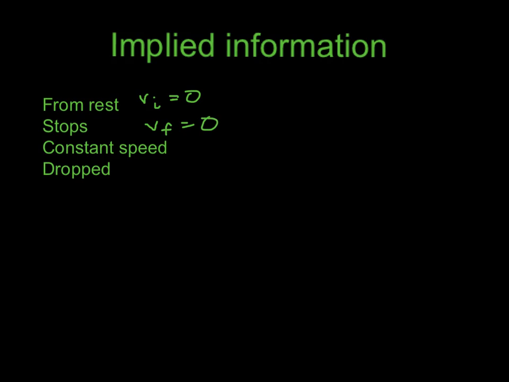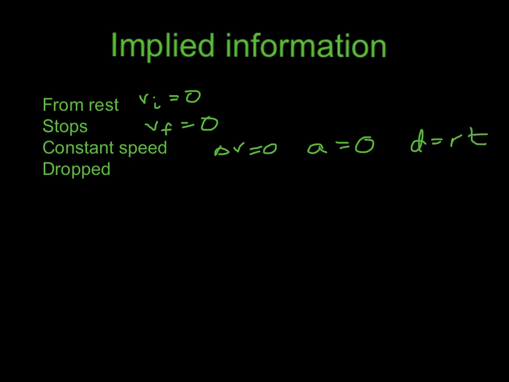Now, if you're going at constant speed, that means that your speed isn't changing. So if your speed isn't changing, your change in velocity is 0. So if your change in velocity is 0, then your acceleration is 0. So constant speed, that's when you can use that distance equals rate times time equation. That's often handy.